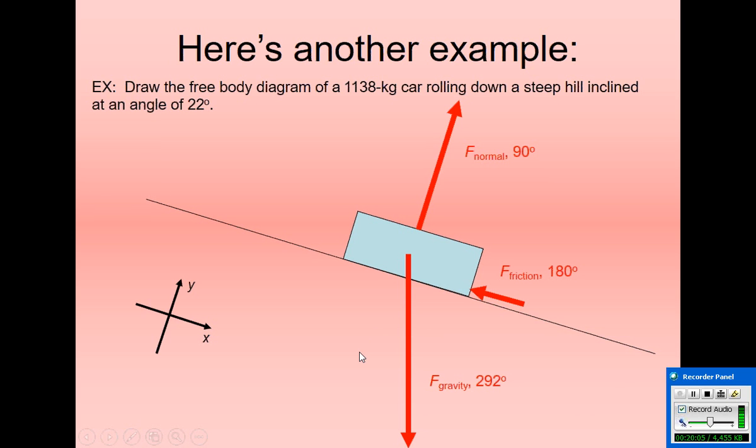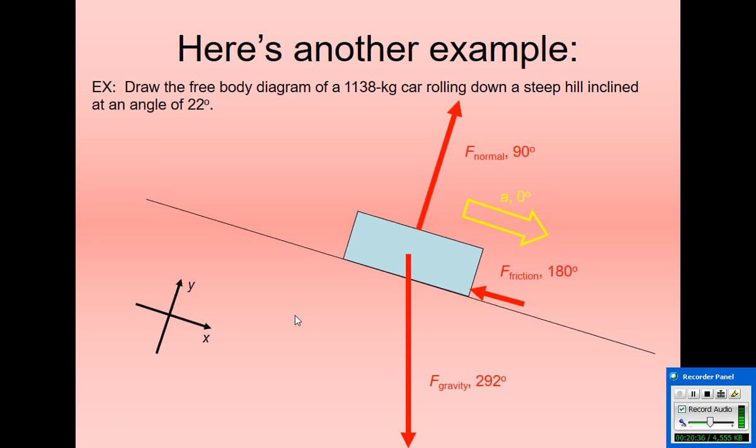So 270 degrees to get to the negative y-axis, another 22 degrees to get to the gravitational force. 270 plus 22 is 292 degrees. It sounds painful, but we're going to see that this is much less painful than other ways of doing it. This is, I think, the least painful way of doing it.